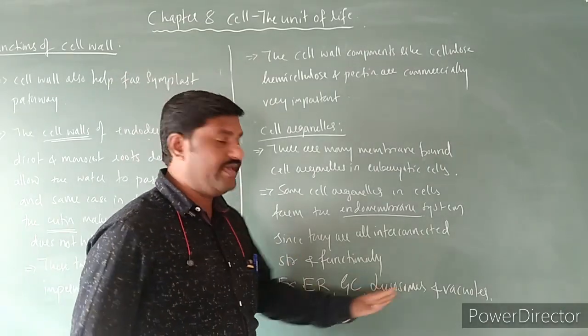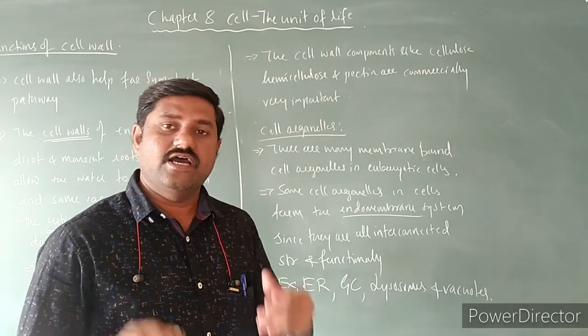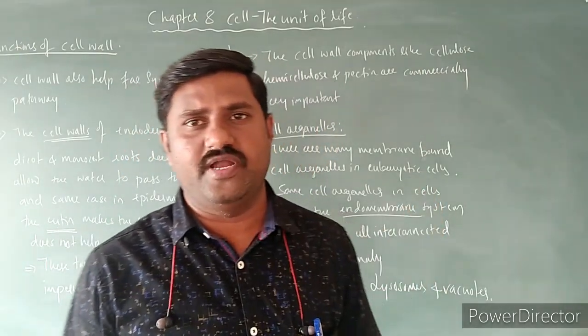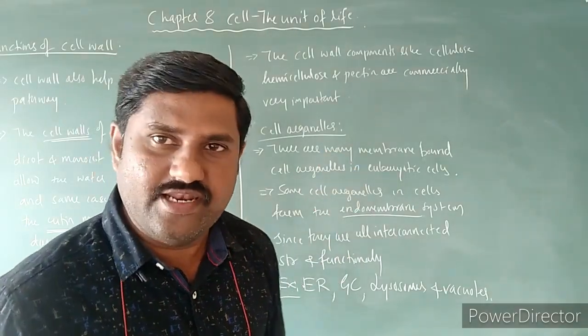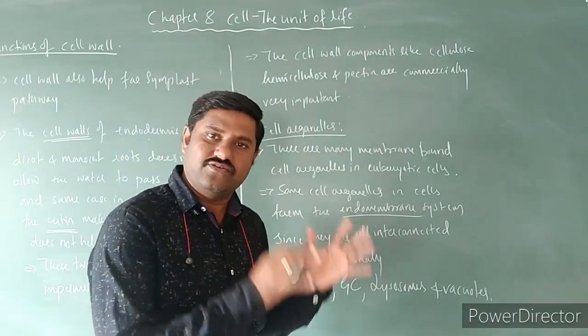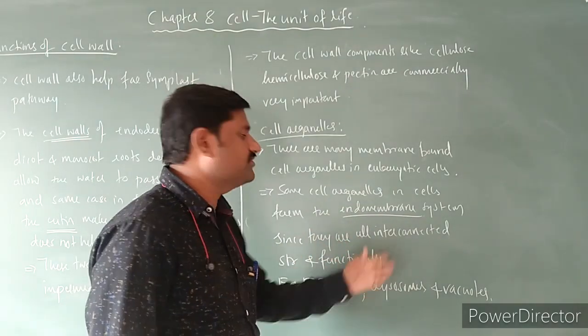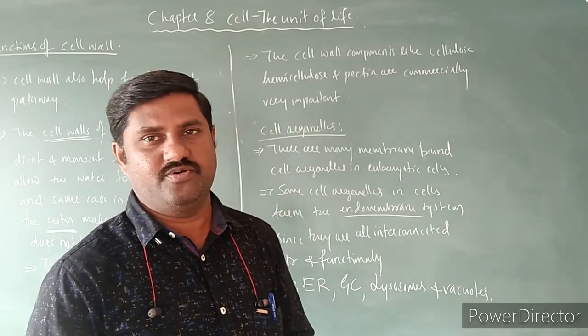But the same cell organelles are not at all interconnected with other cell organelles like mitochondria, chloroplast, microbodies or some other cell organelles. So they do not involve in any functions interconnected with these one. Hence they do not form any endomembrane system over here.